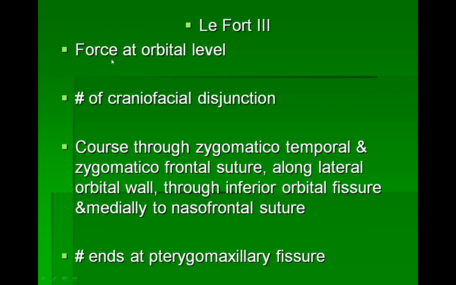Here, the force is delivered at the level of the orbit. It's called craniofacial disjunction. The fracture goes through the zygomatico-temporal, zygomatico-frontal, along the lateral wall of orbit, through the inferior orbital fissure, medially to the nasofrontal suture, and ends in the pterygomaxillary fissure.